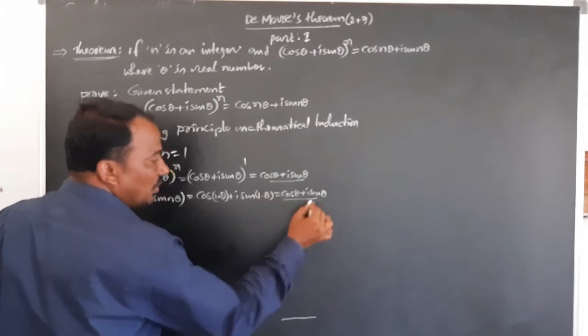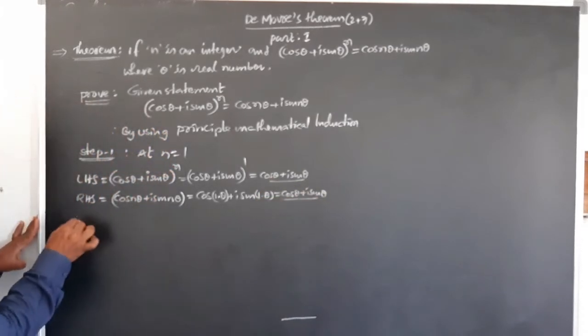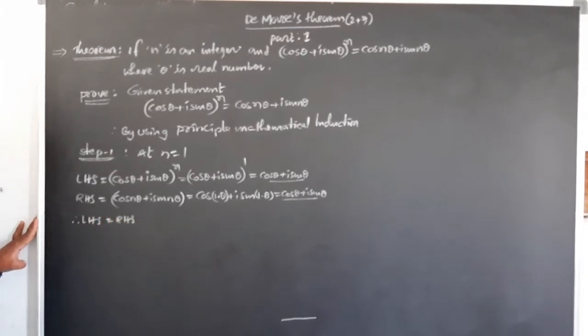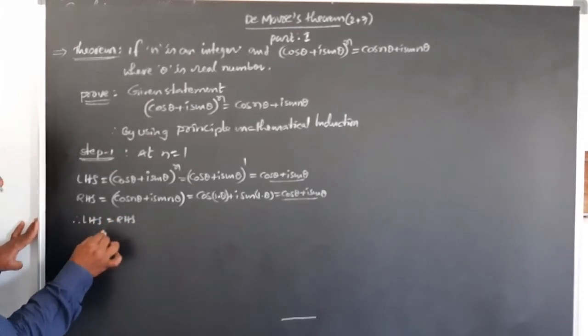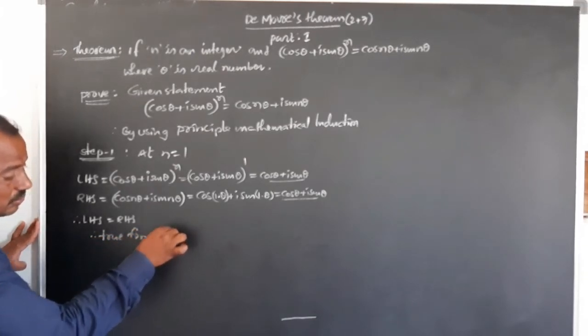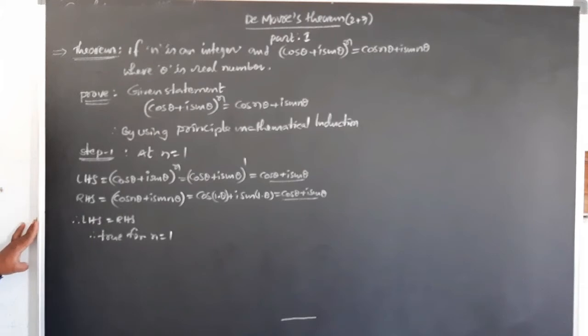LHS equals RHS. Therefore, it is true for n equals 1.